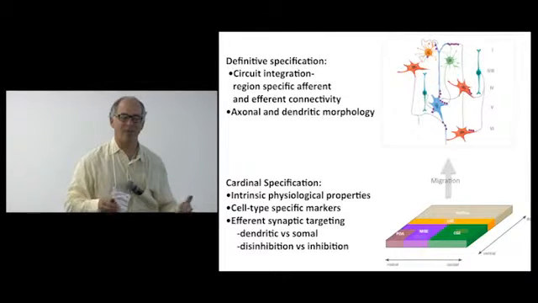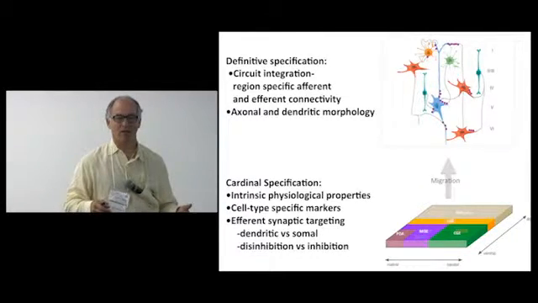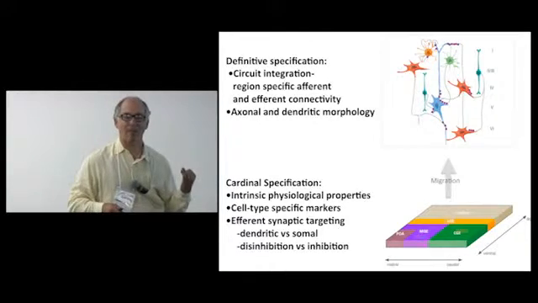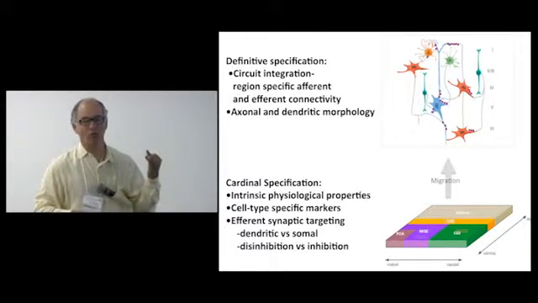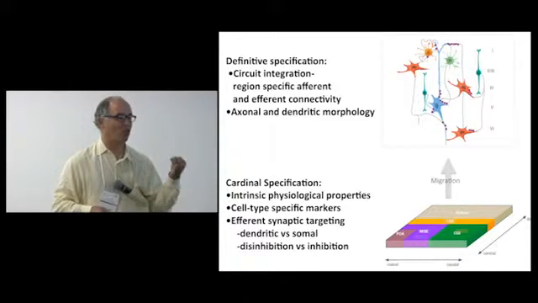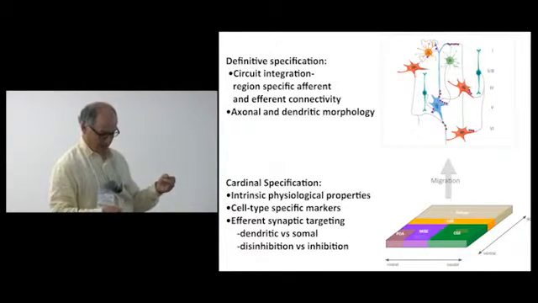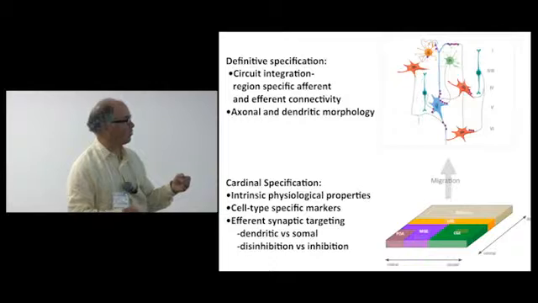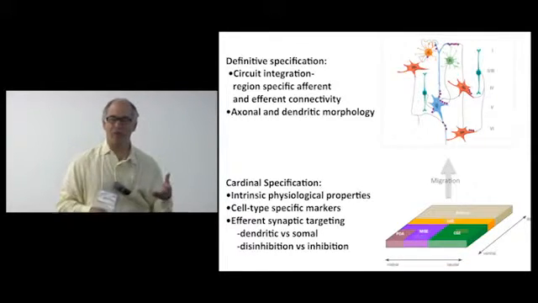But because I believe they have a common origin, we believe that actually the information that tells them how to wire up is only determined after migration. So that's learning on the job. And part of that is, of course, their axonal and dendritic morphology, which are very unique to different layers.